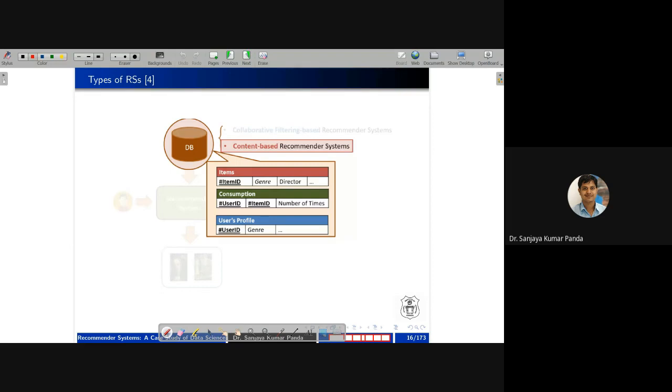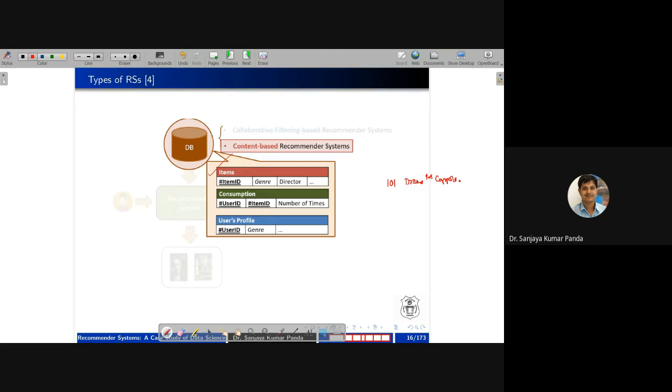So we need item characteristics. Item characteristics means, if you take the example which we discussed, in that case the item ID is 101, the genre is drama, it is a drama type movie, and it is directed by Coppola, right? FF Coppola. So we are keeping that type of information, right?